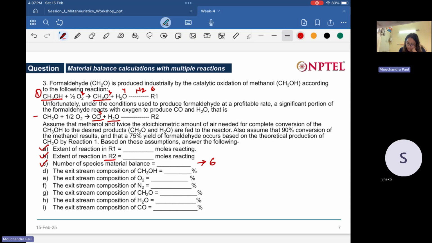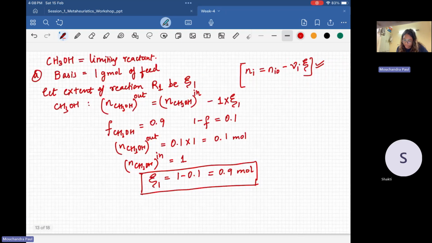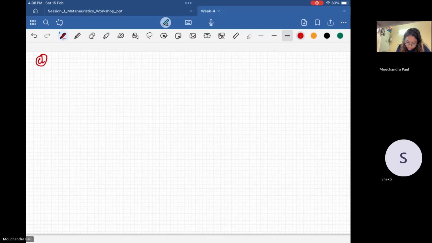Now C is done. D. We have to calculate the exit stream composition of methanol, then O2, N2, formaldehyde, H2O, and CO. So we will do this together. For that, let's write the total number of moles coming out in the product.